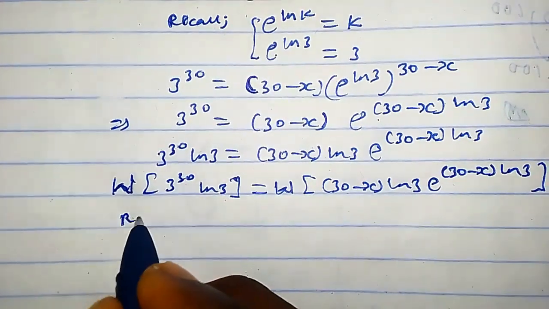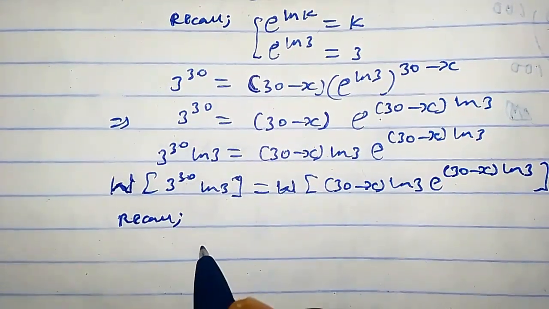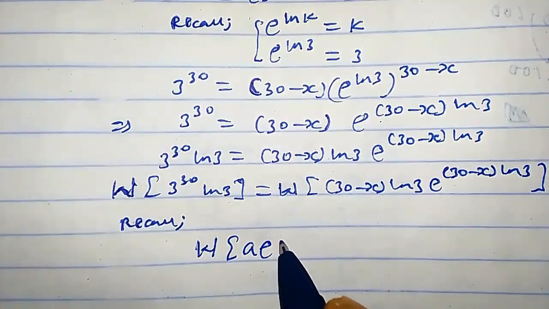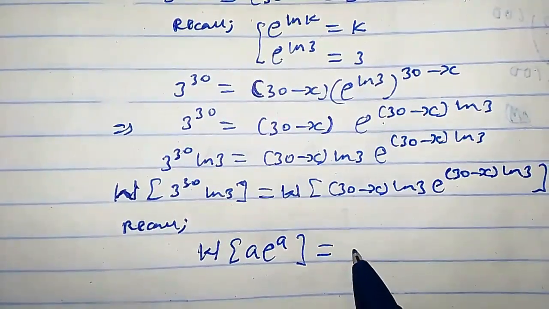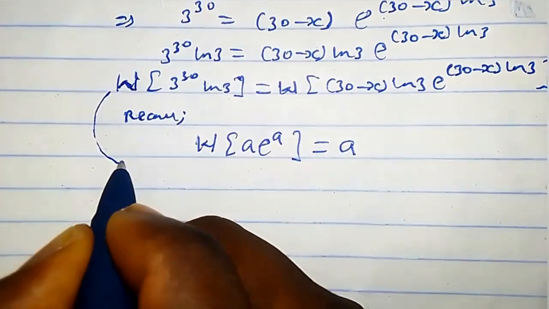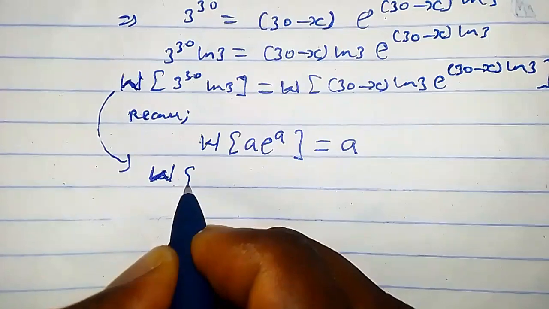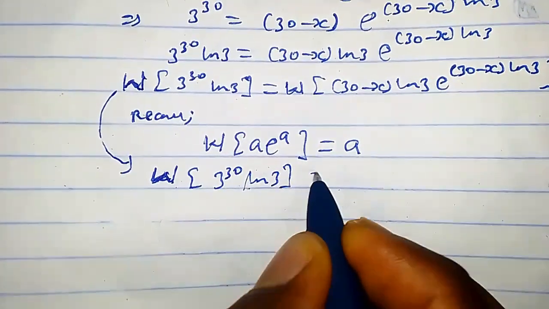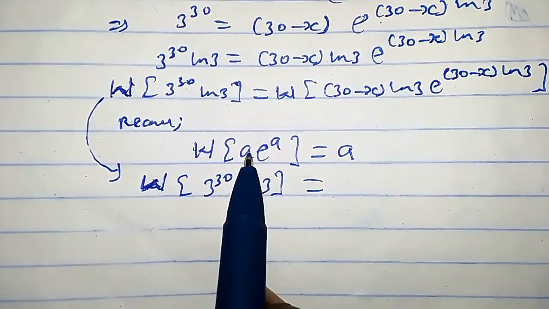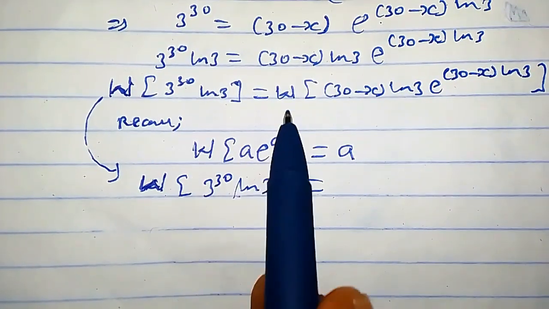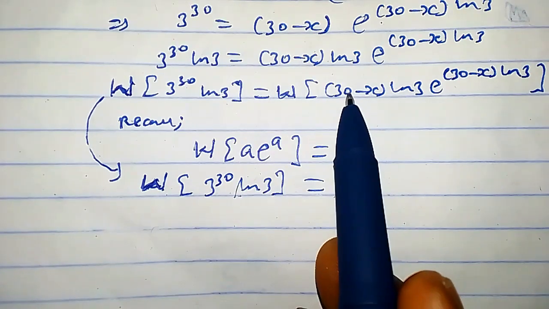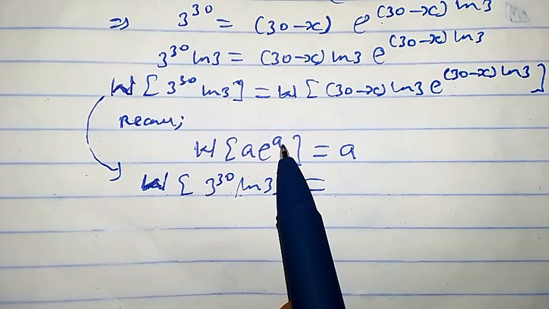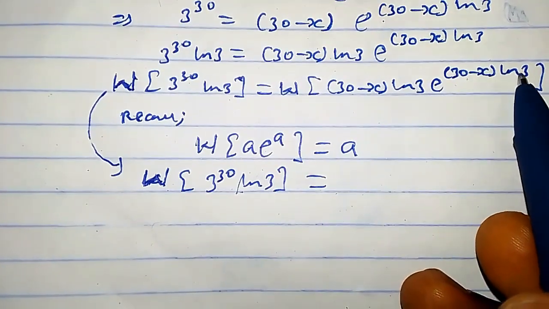Now recall that the Lambert W function is given by, let's say we have W of a exponential a, it's simply the same thing as a. By comparison, you will observe that a is just 30 minus x times ln 3.